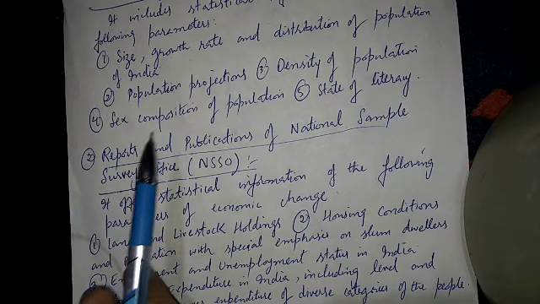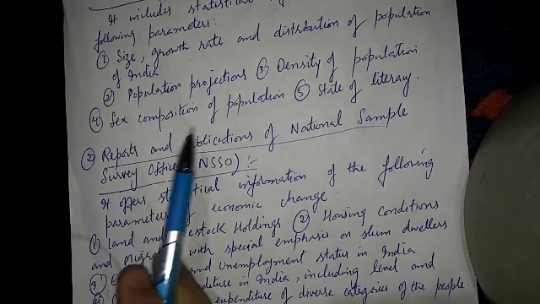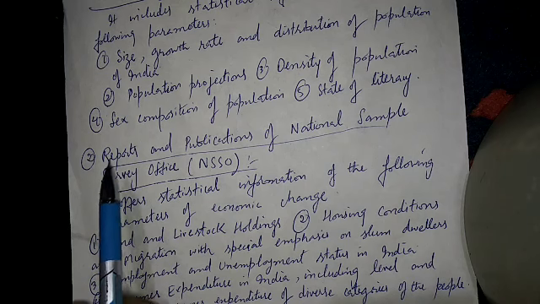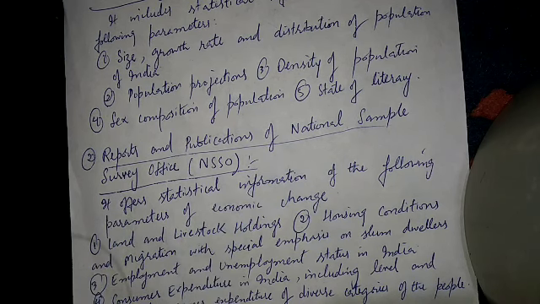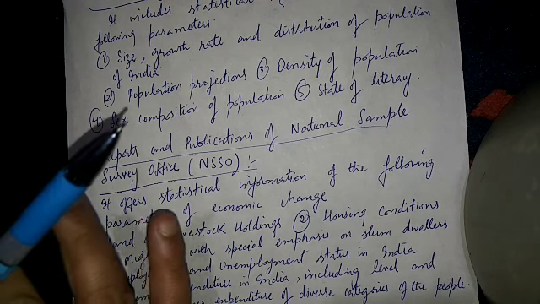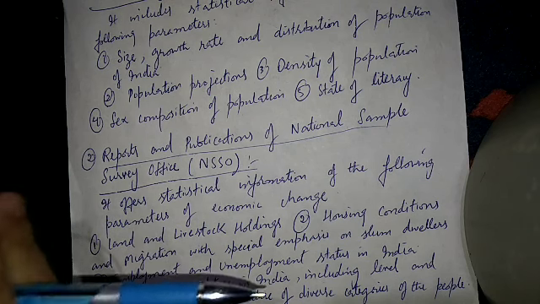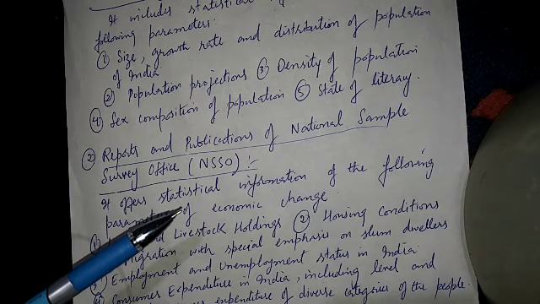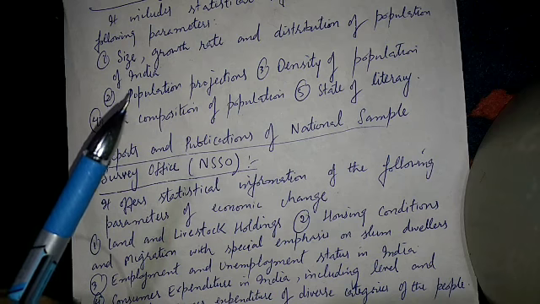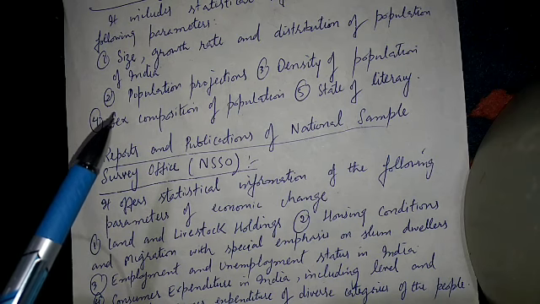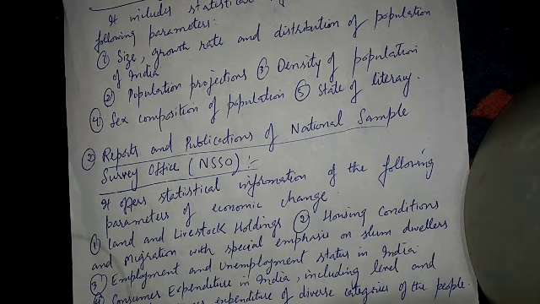Now, the second important source of secondary data is the reports and publications of NSSO, National Sample Survey Office. You see, it is another important source of secondary data in India. NSSO was established by the Government of India to conduct nationwide survey on socio-economic issues.